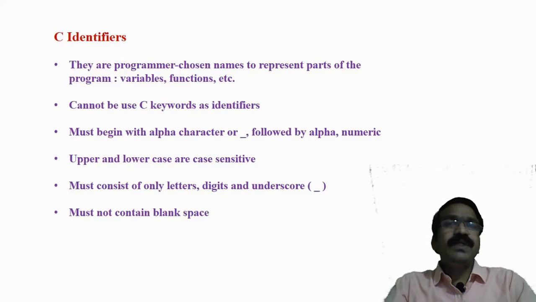We cannot use C keywords or special words as identifiers, and an identifier must begin with an alphabet character or an underscore, followed by alphabets or digits. It may be in uppercase or lowercase letters. These are case sensitive.